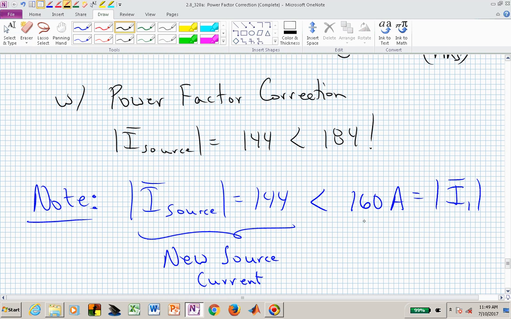And it hasn't changed. We didn't change load number 1 at all. And in fact, the source now is giving us less current than what load number 1 demands.